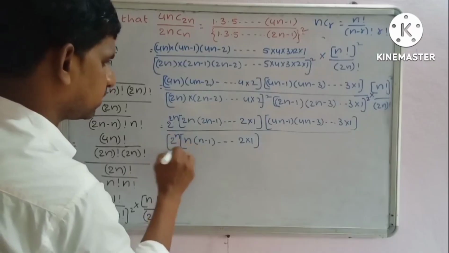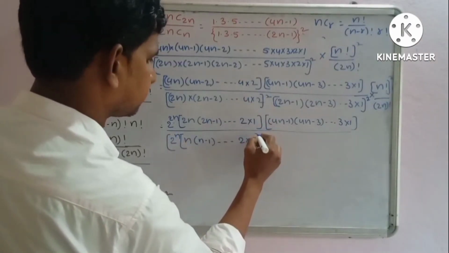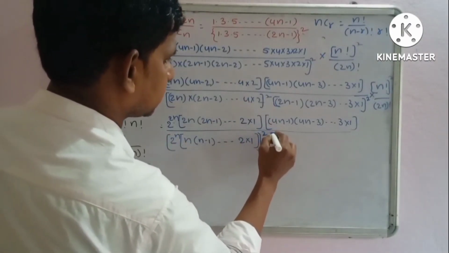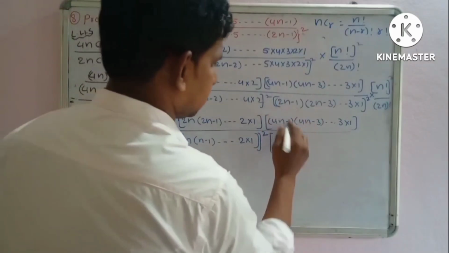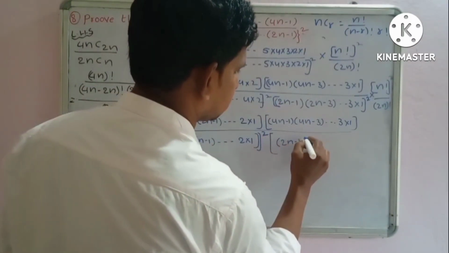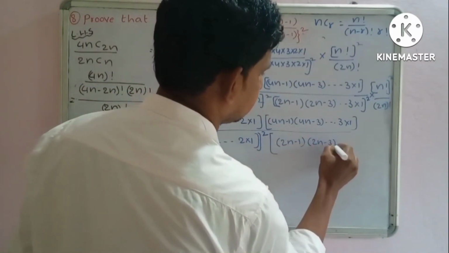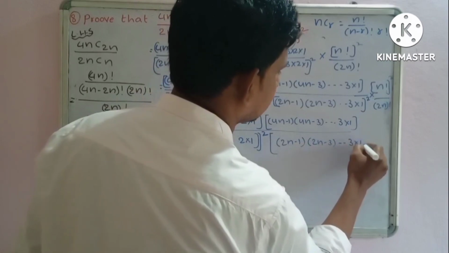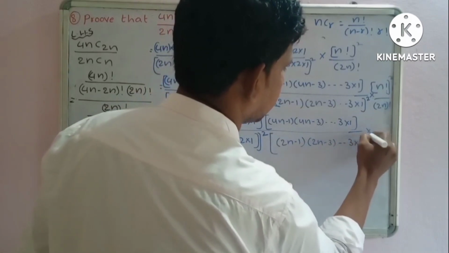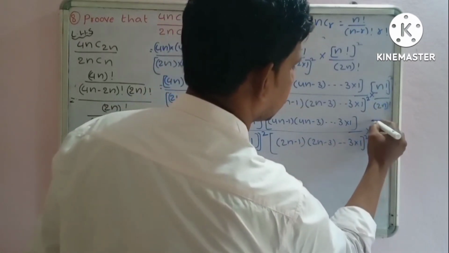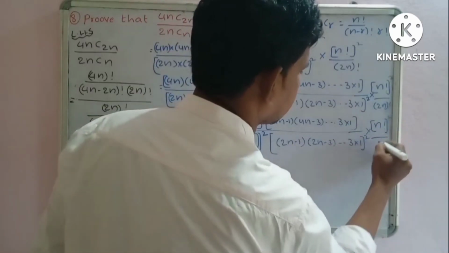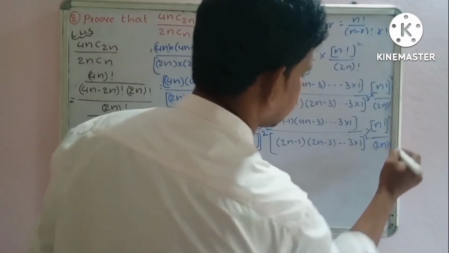So 2 power n, and square is there, right, square. Into 2n minus 1, 2n minus 3, and so on up to 3 into 1 square, multiplied with n factorial whole square by 2n factorial.